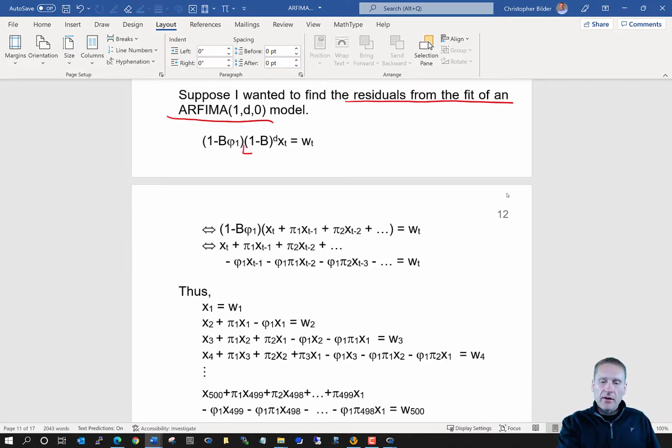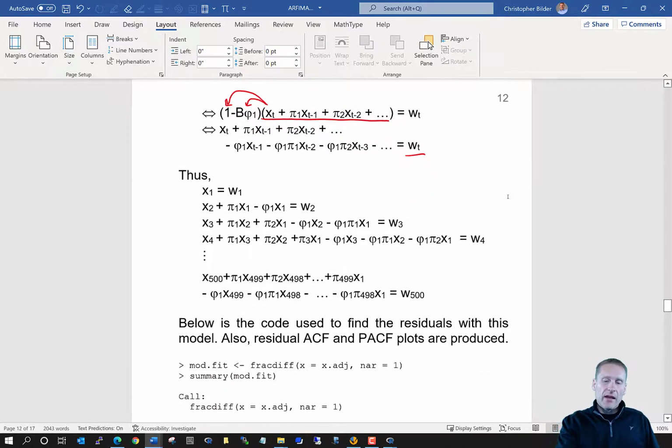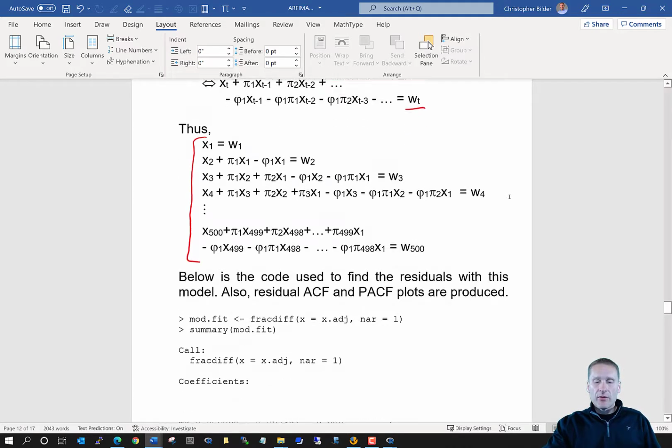Again, I write my X_t out in terms of this linear combination with the pi's. So that's what I do here. Then I can now multiply it by the 1. I can also multiply it by B times phi1. And so now I have a representation for W_t. And again, one could go through the process of finding all the corresponding W's.